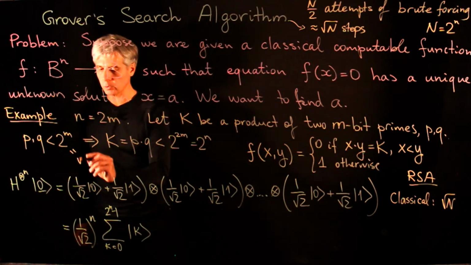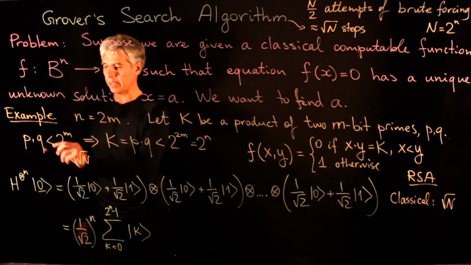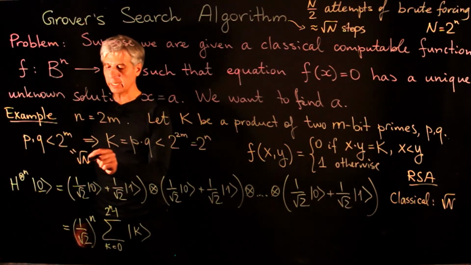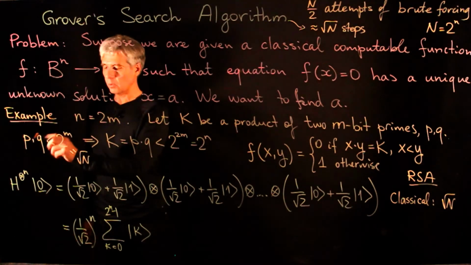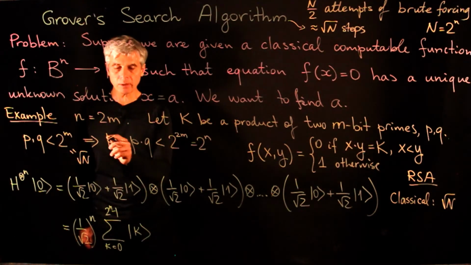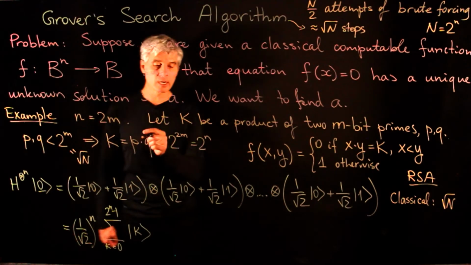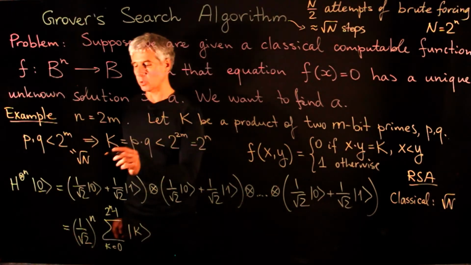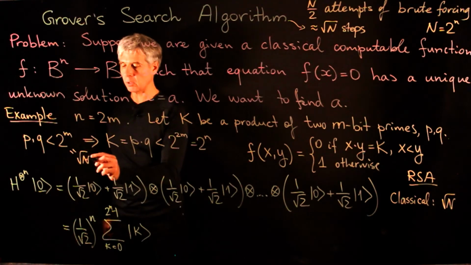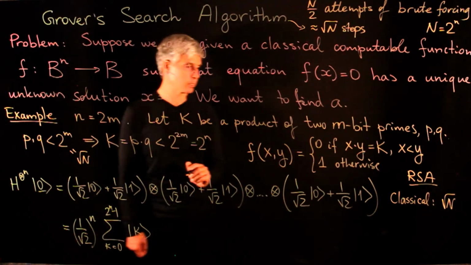Which is square root of N here. And so then we only need to brute force: we take integers from 1 to square root of N, and then we try to divide k by this integer and hope that the result is an integer, right? So because of this, brute forcing only requires square root of N steps.